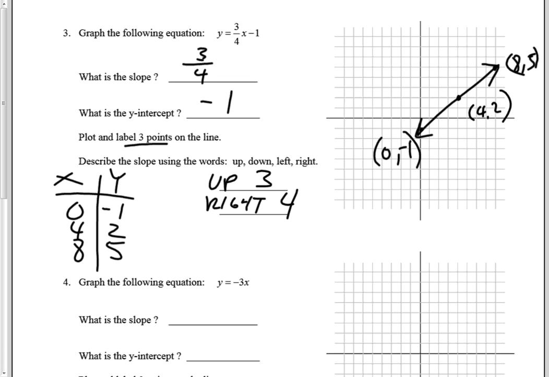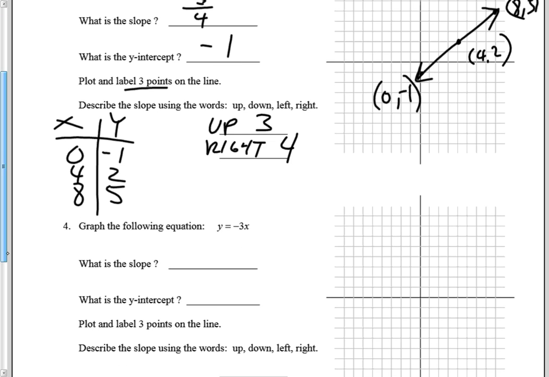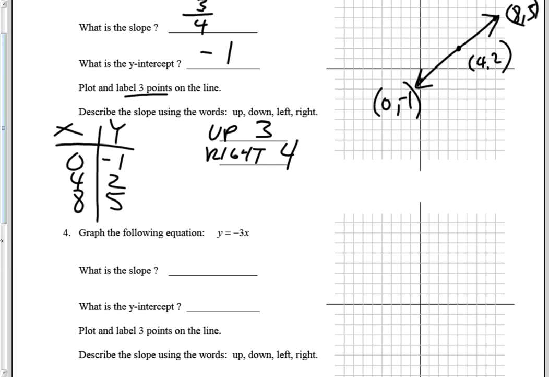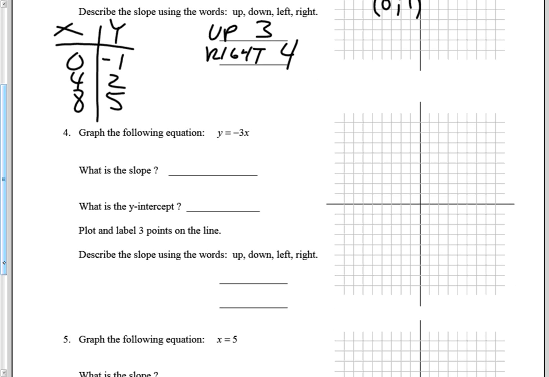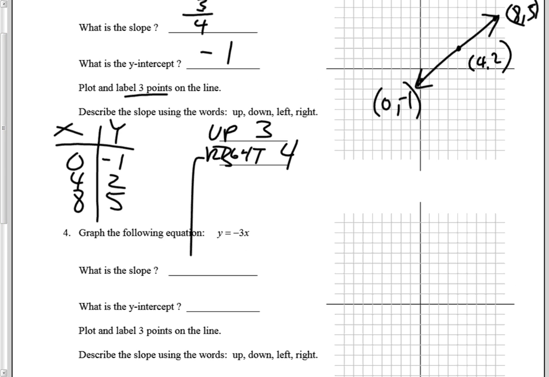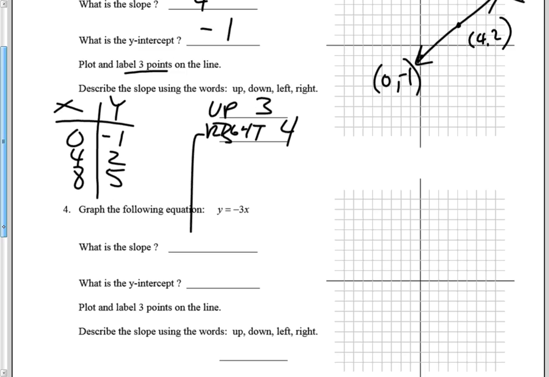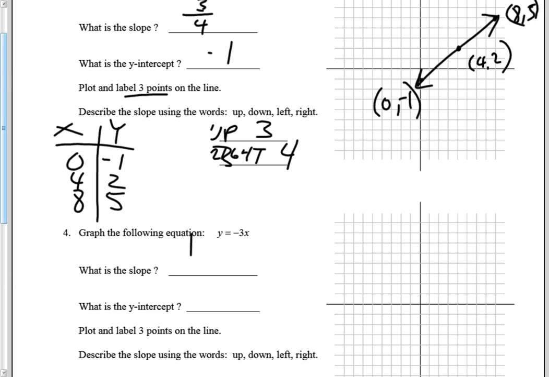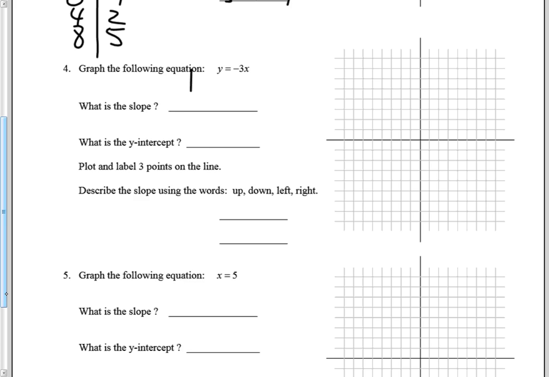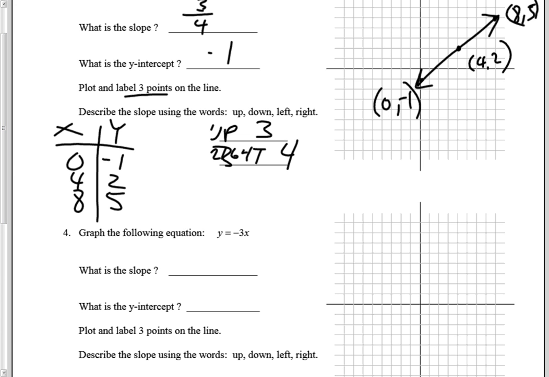Number 4 switches things up just a little bit. What's my slope for number 4? Slope of 4 is 0. Nope. For number 4. Oh, it's -3. Okay. What number do you want?